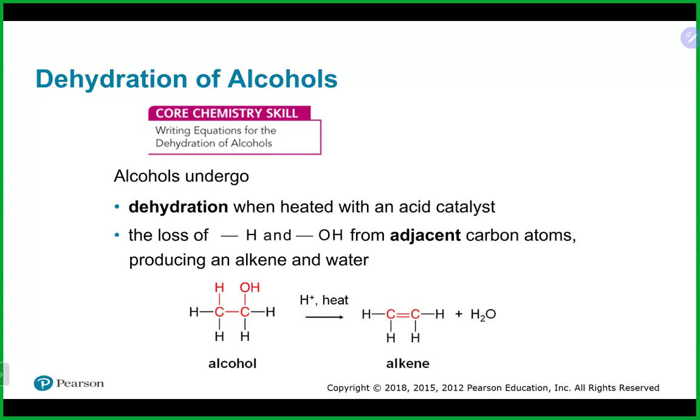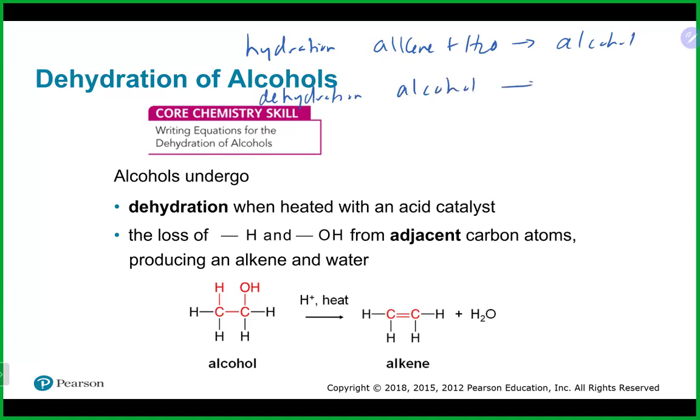So an alkene plus water gives you an alcohol in a hydration reaction. In a dehydration reaction, we start with an alcohol and remove water and get the alkene back.